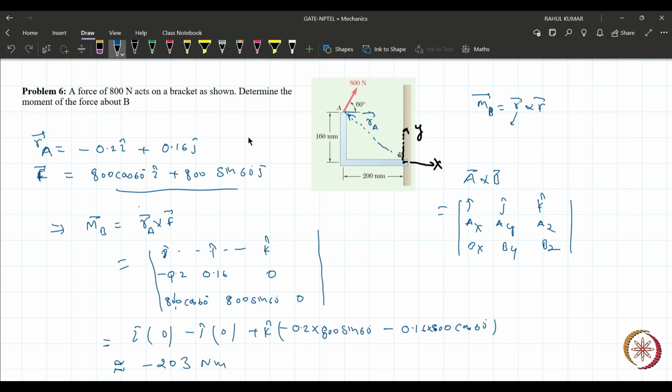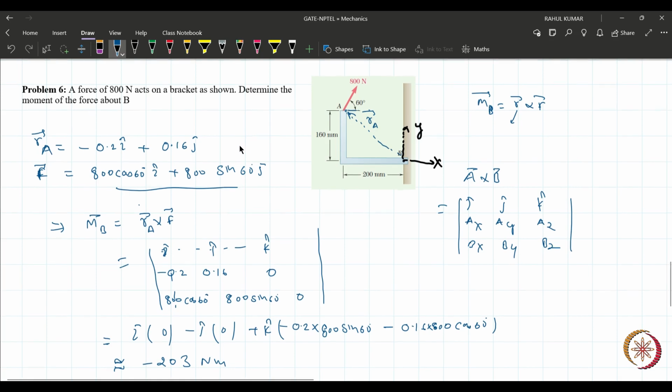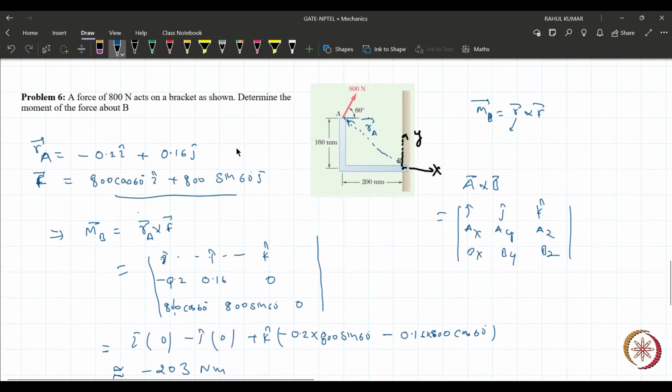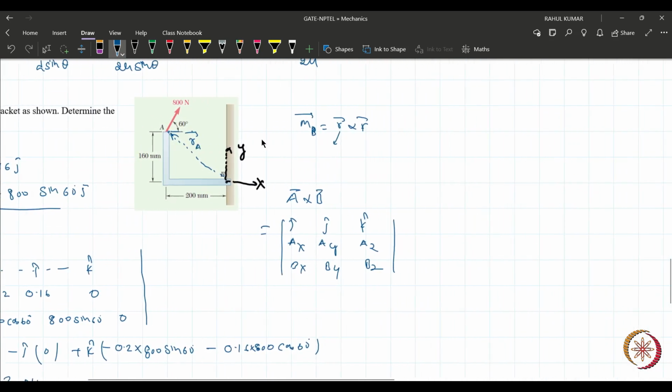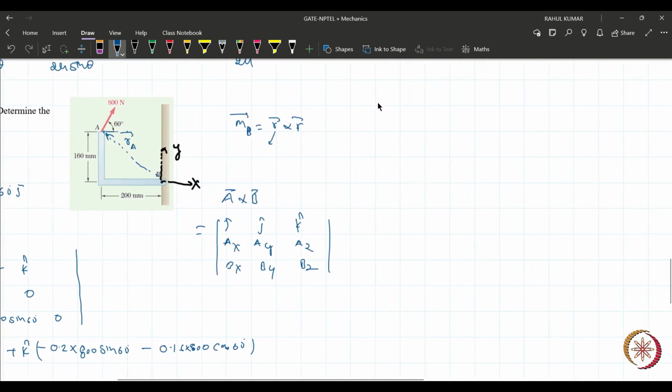Okay, so can we use that thumb rule here? Thumb rule. Okay. So you want to find it by using force into perpendicular distance, right? Yes, sir. That is also not so difficult. So you have to find the perpendicular distance for this force.